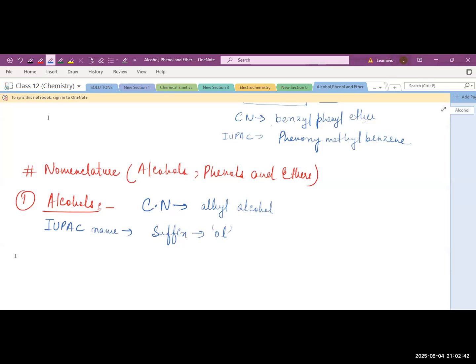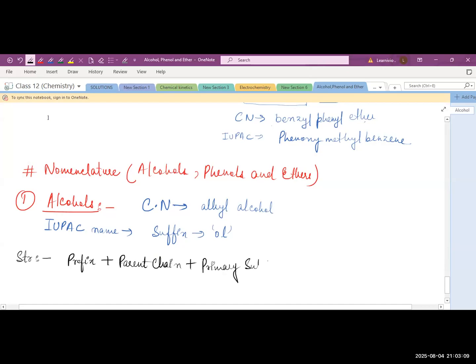Now here's a structure. To simplify this, I will write out the structure. First, we will write the prefix, plus your parent chain, then your primary suffix, then your secondary suffix.